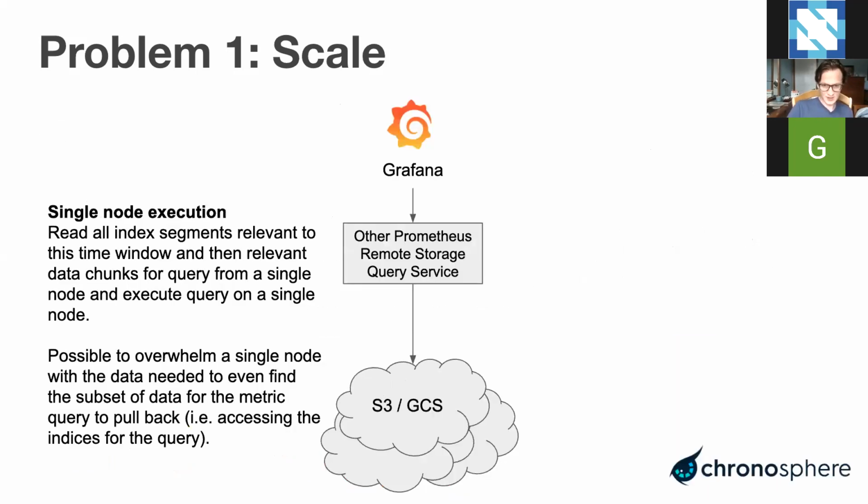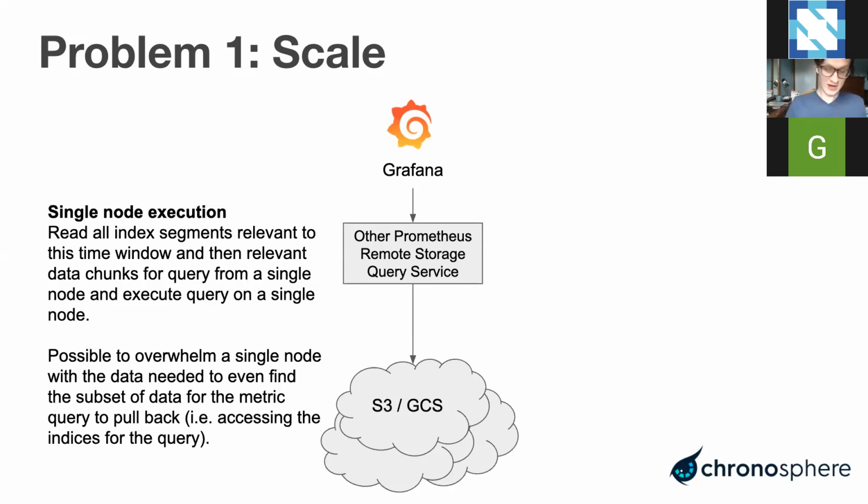One other piece to note about the challenge with many different Prometheuses using some remote store and blob storage is the fact that while you can cheaply, indefinitely scale the storage side in something like S3, because you can just pay for more and more of it, you still have this single bottleneck in terms of the execution side when you're doing the reads from this data.